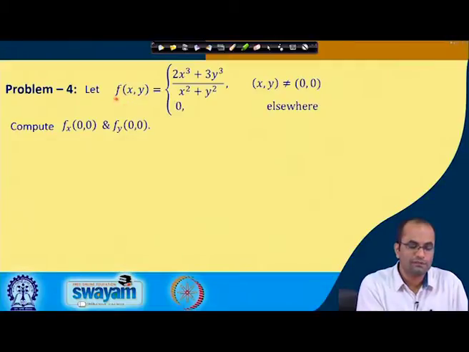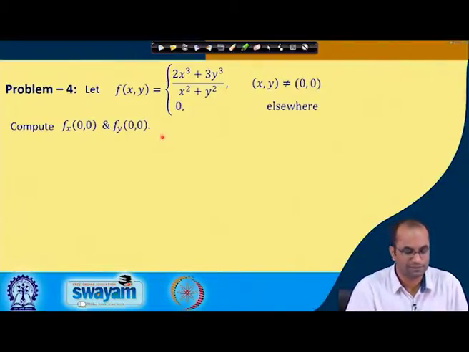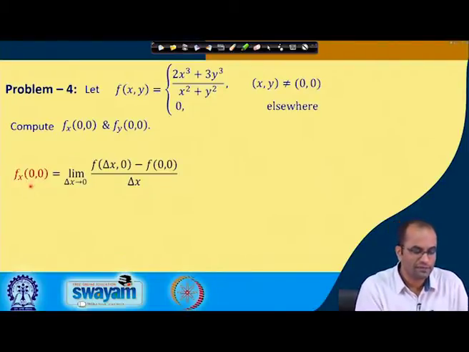Another problem. So, here we have f(x,y) equal to (2x cube plus 3y cube) divided by (x square plus y square). So, we want to compute f_x and f_y at the (0,0) point. Again, as per the definition, f_x(0,0) is equal to f(delta x, 0) minus f(0,0) divided by delta x, as delta x goes to 0. This is the partial derivative with respect to x. So, we will substitute now f(delta x, 0).